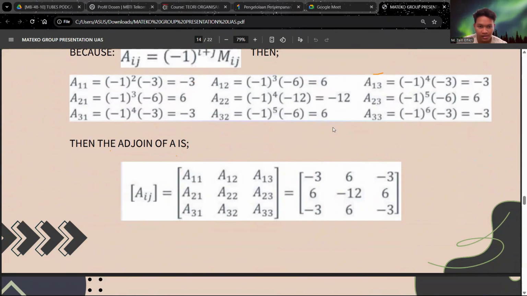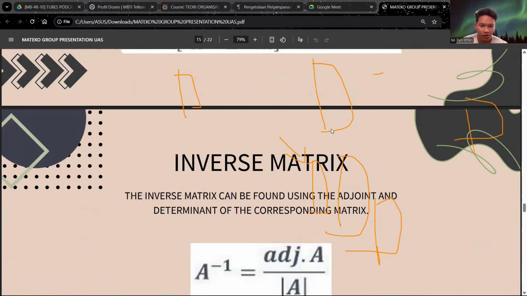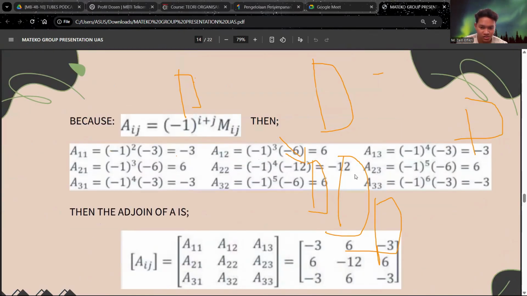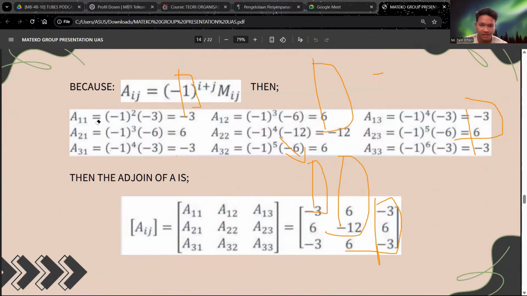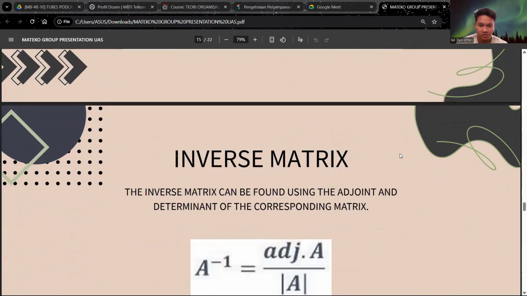We put the numbers here to here, and here to here also, and also here to here. It's the same, like that, and we go down. So this is the adjoint. It's easy. So we'll continue to the next lesson.